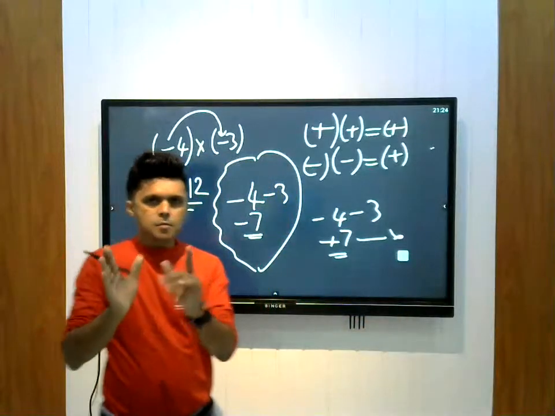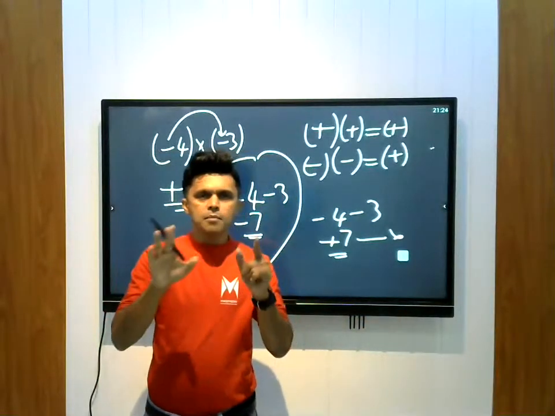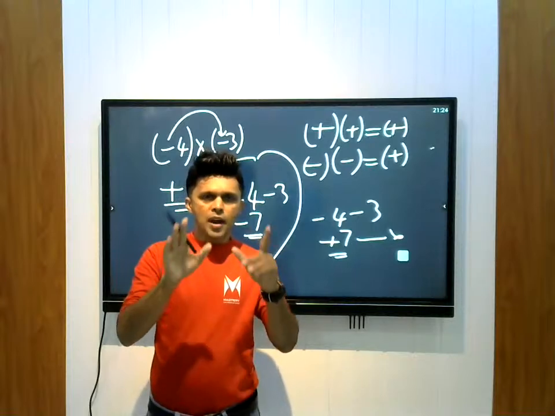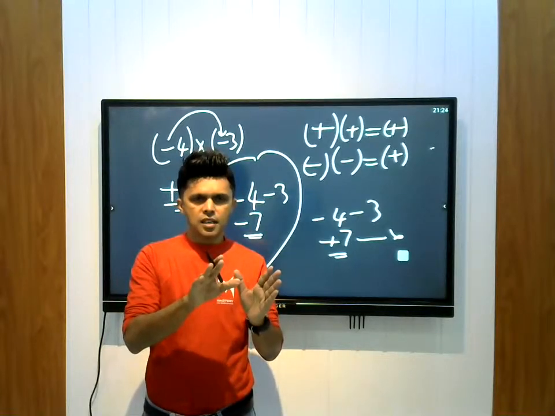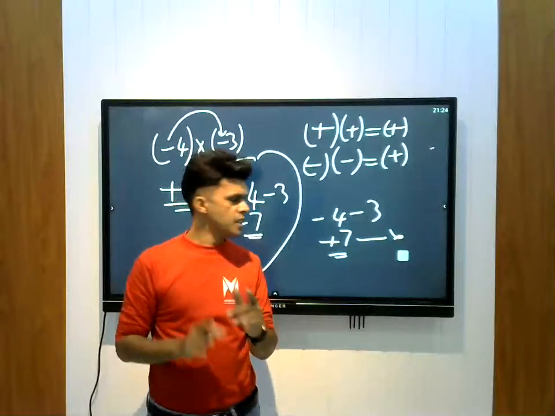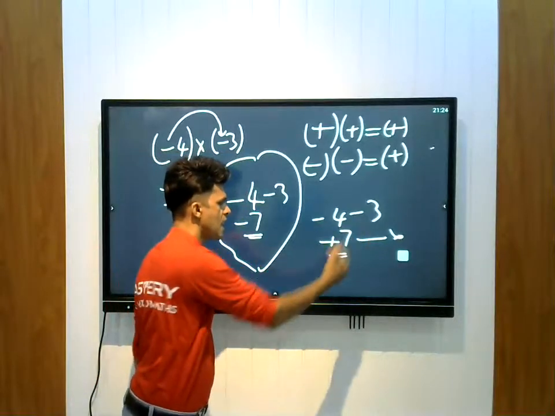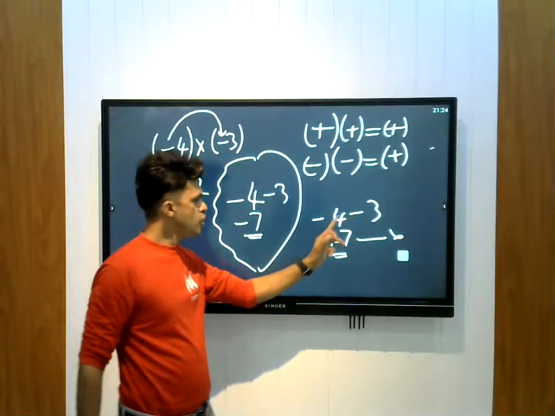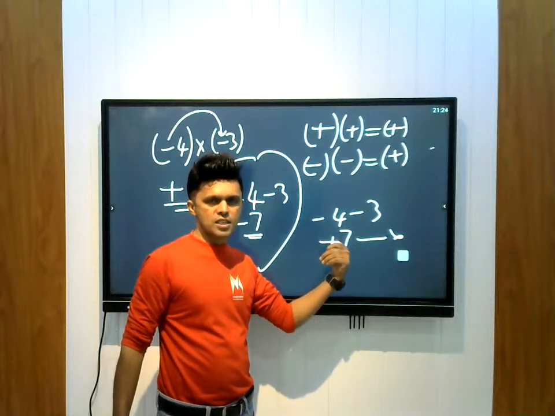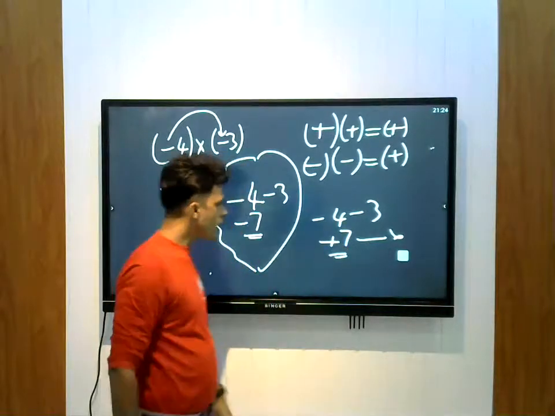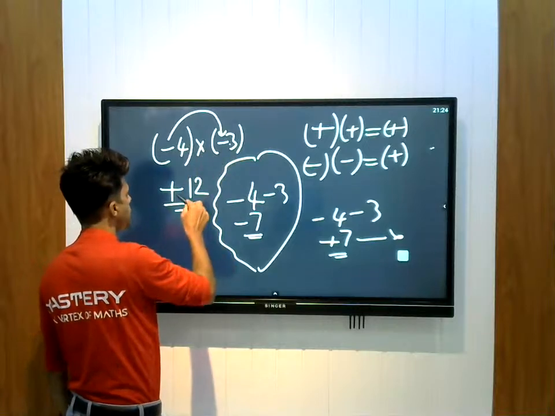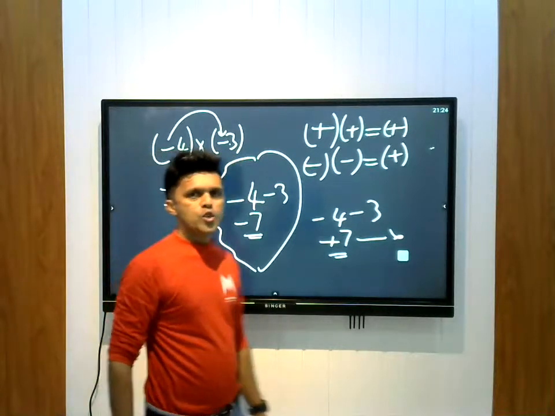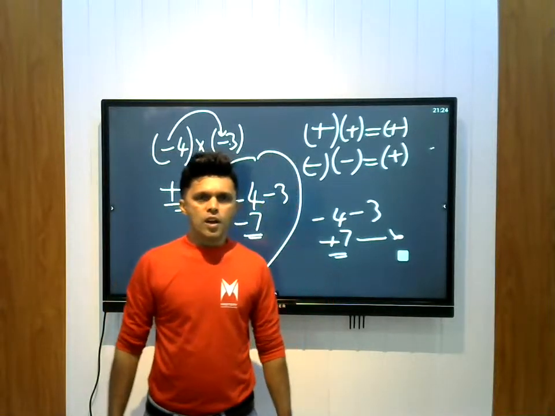When it is multiplied, you are able to write minus into minus is plus. Here it has not been given to multiply, here you need to add. Previously you learned about it. So the answer for minus 4 into minus 3 is plus, and 4 times 3 is 12.